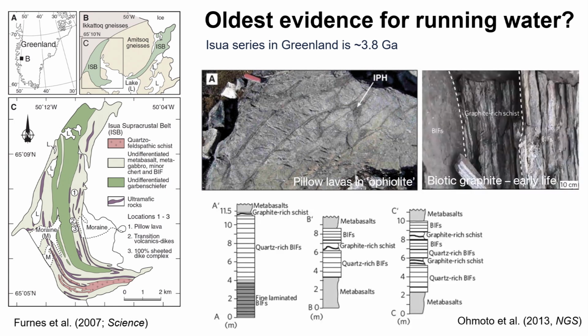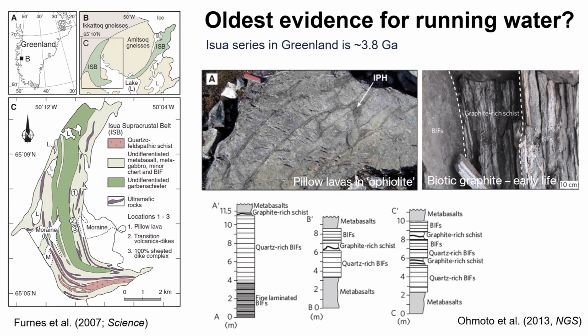And the other really cool bit of evidence is that you have lots of carbon or graphite-rich sediments within this sequence. Some authors have looked at the carbon isotope composition of this, and they've also looked at the morphology of the graphite or graphene within these sequences. And they argue that they are actually early forms of life.